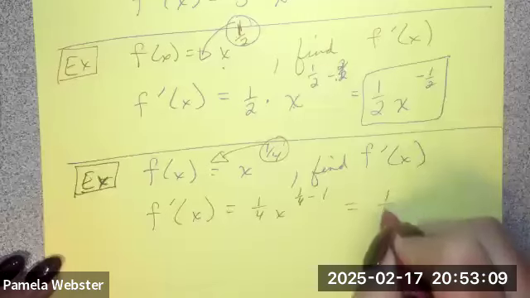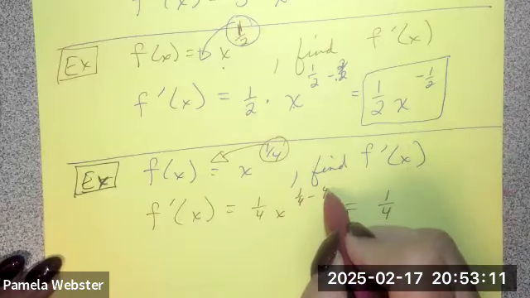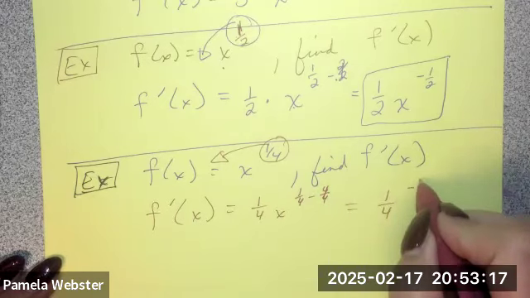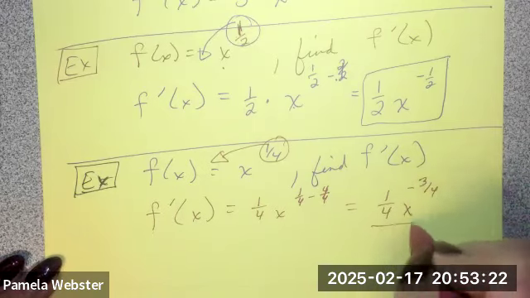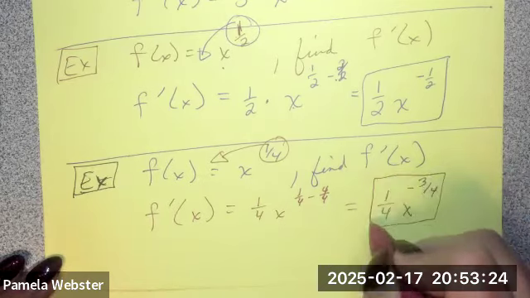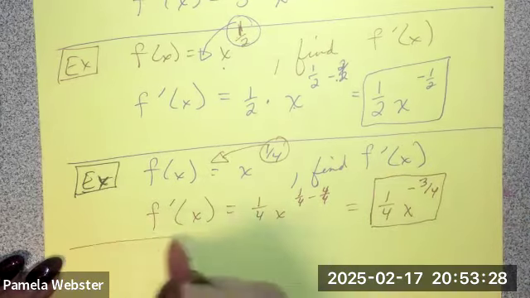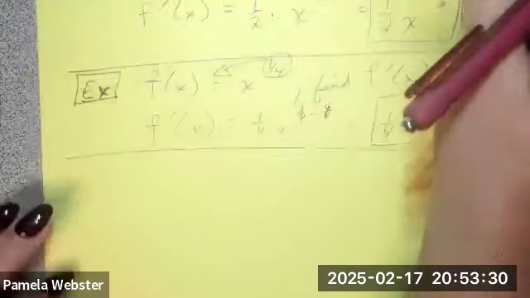You're going to be careful with that exponent. That's 1/4 minus 4 over 4. That's what a 1 looks like with a 4 on the bottom. That becomes negative 3/4. 1/4 times x to the negative 3/4. That's it. Okay. Do another one.